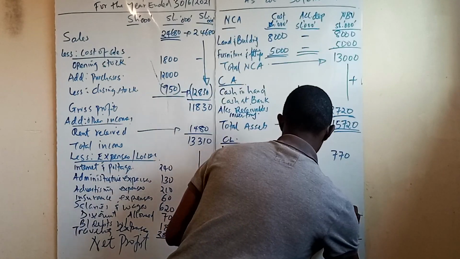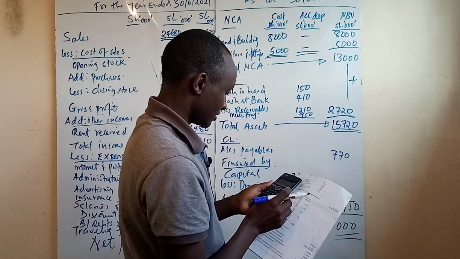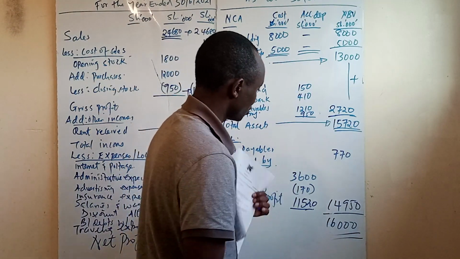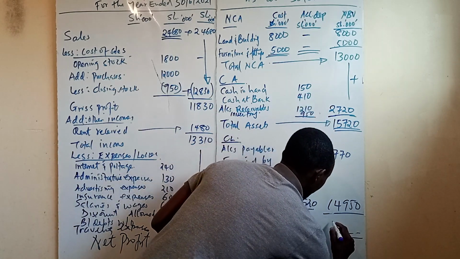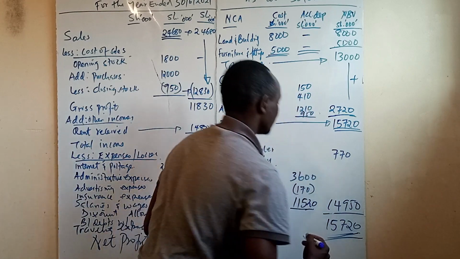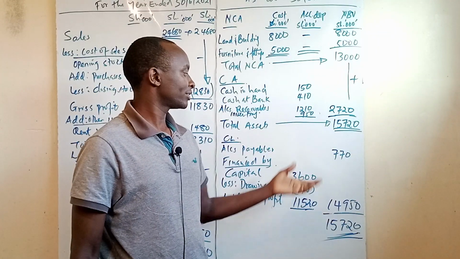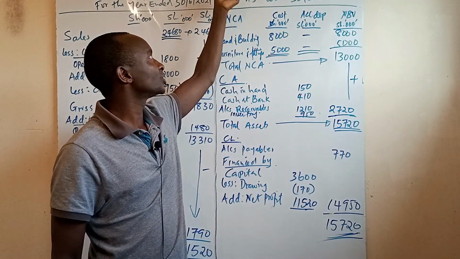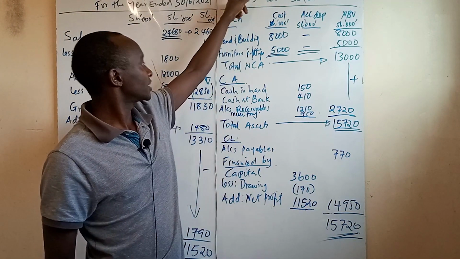So our total financed by is 14,950. When you add 770, you must get 15,720. So ladies and gentlemen, we have now satisfied the accounting equation where assets is equal to capital plus the liabilities.